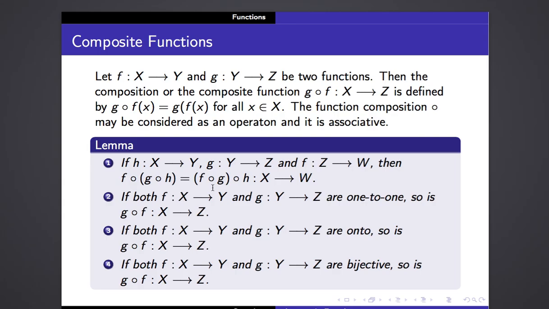But for us, worry-free, no confusion, it doesn't matter whichever you take because they happen to be the same. The proofs of all these four lemmas are pretty much straightforward from the definition.